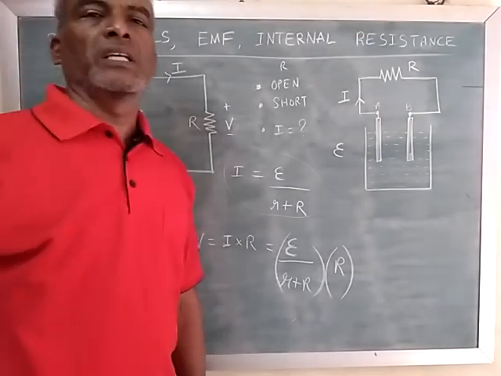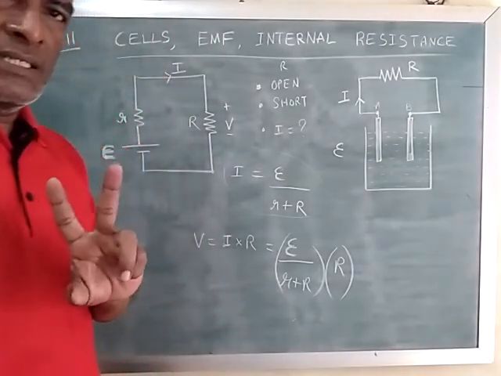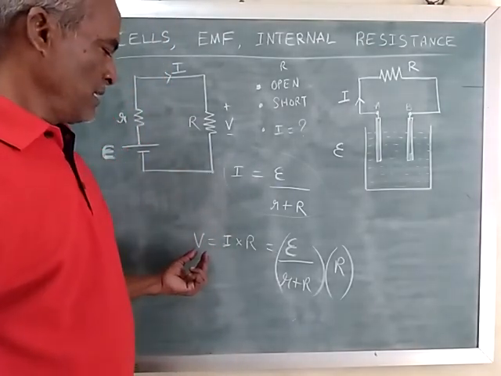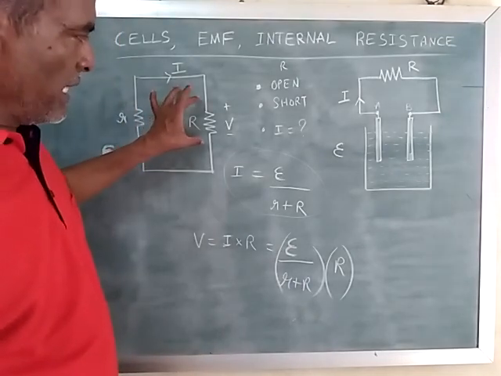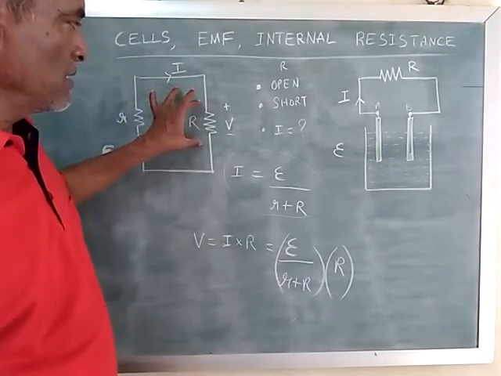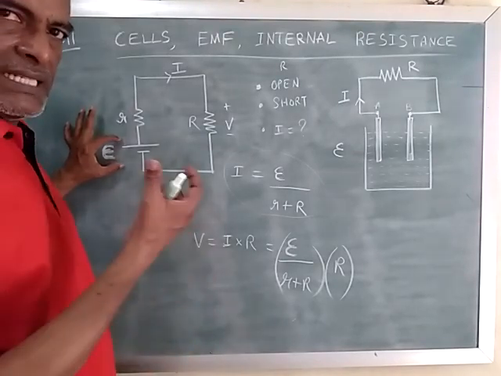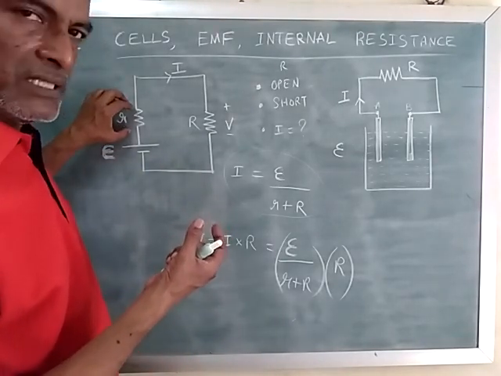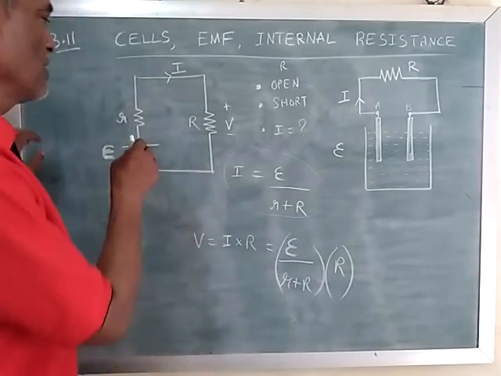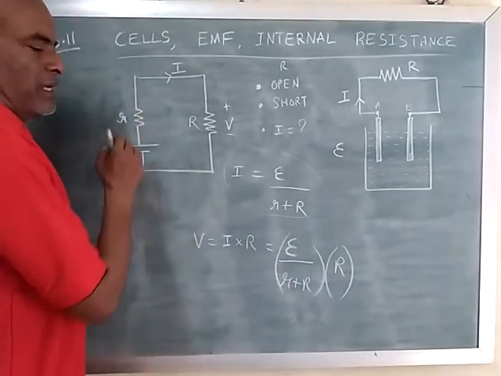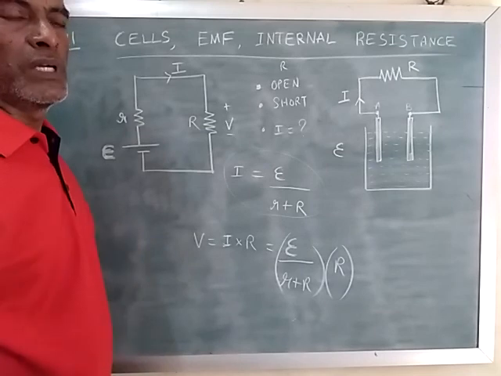Now we have to see 2 special cases. That means the effective voltage we get across the resistance is the voltage developed by the cell, from which you have to subtract the voltage drop across the internal resistance, because this will take out some voltage.